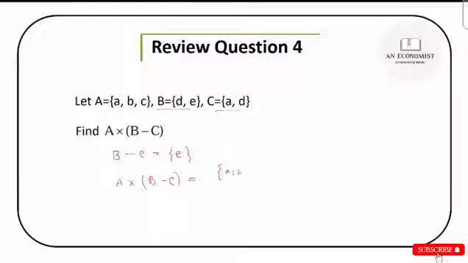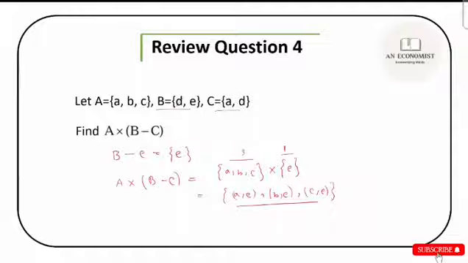So A, B, C cross E. So it will come as AE, BE and CE, right? Here you have 3 elements, here you have 1 element. So in the Cartesian product set you have 3 cross 1, that is 3 elements.